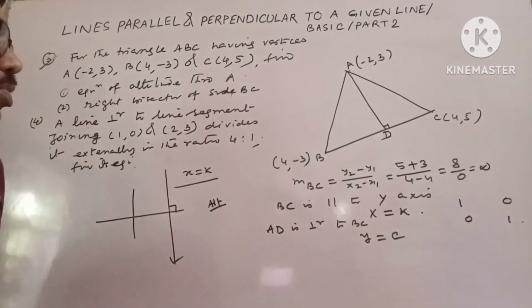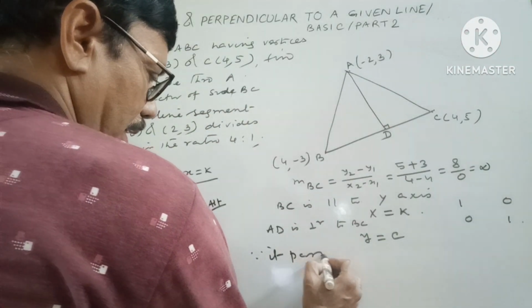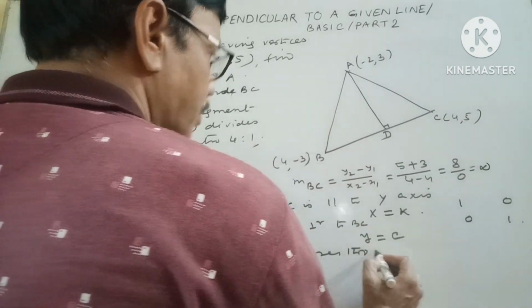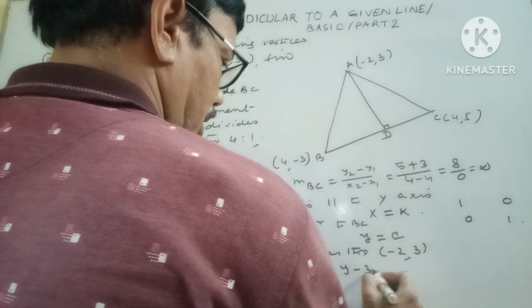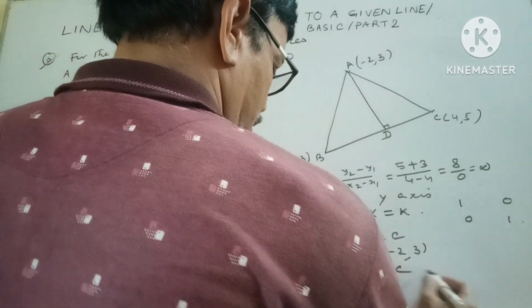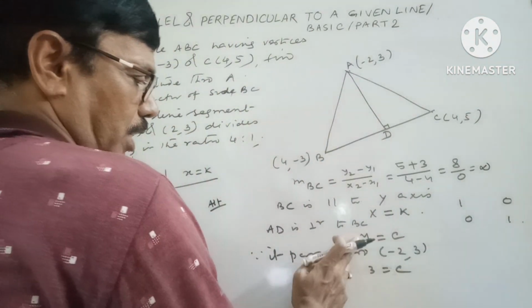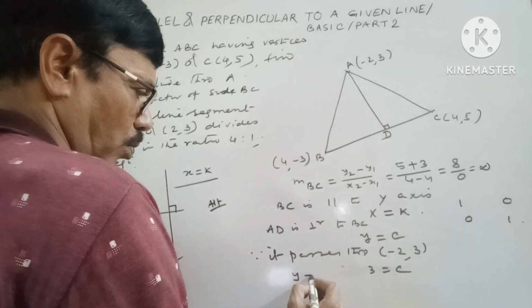So y equals c. Since it passes through minus 2, 3, y minus 3 equals c. Put x equals minus 2, y equals 3. So what is the line? Y equals 3.